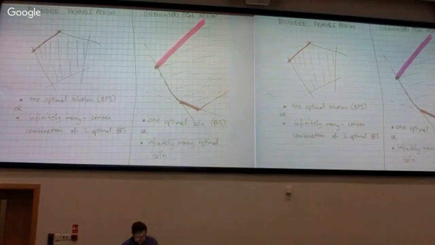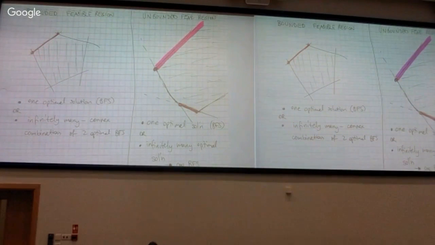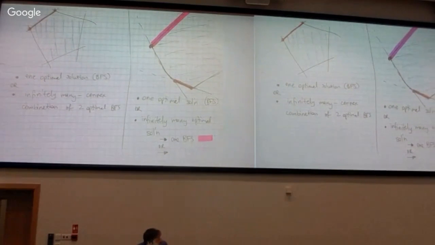So one option is that you get a line segment of optimal solutions, and another option is that you get a half line of optimal solutions. In this case, it could be either one basic feasible solution, so that's the fifth case, or two basic feasible solutions, which is the other case.